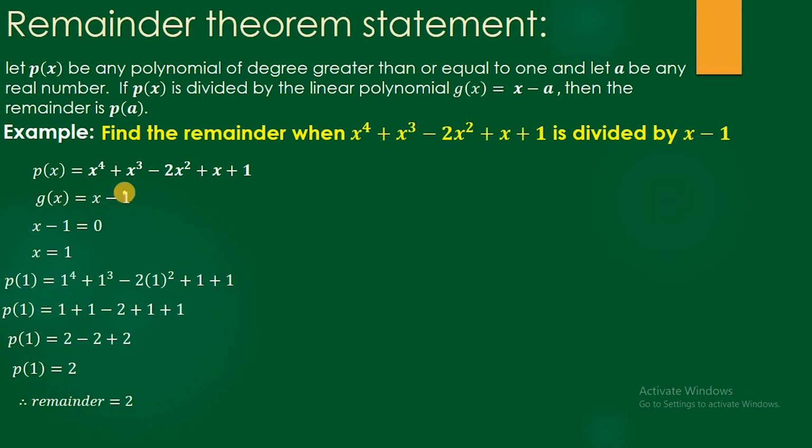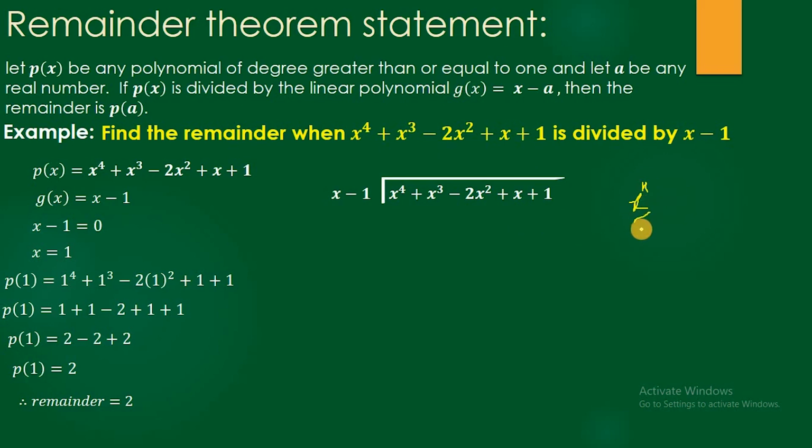Now we'll verify this, or check whether this is true or not, by actually dividing it. So we'll write the dividend x power 4 plus x cubed minus 2x square plus x plus 1 divided by x minus 1. So here the first term is x power 4.